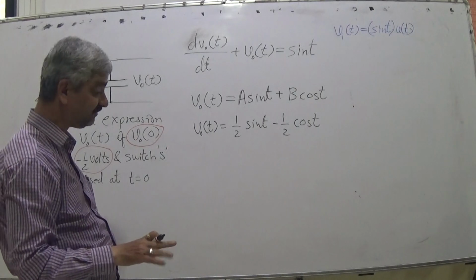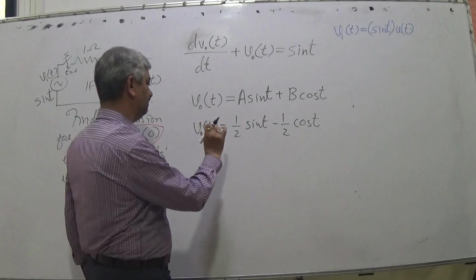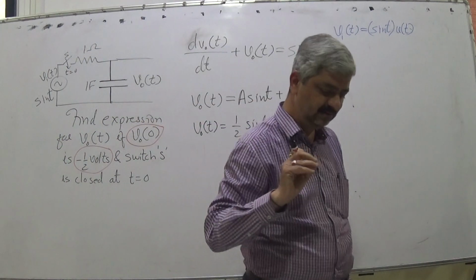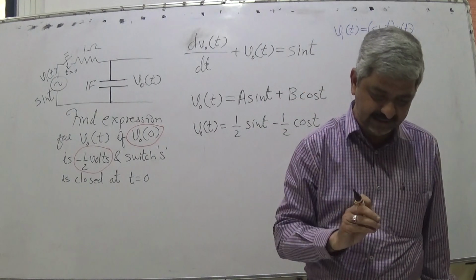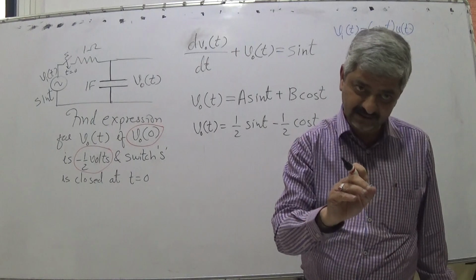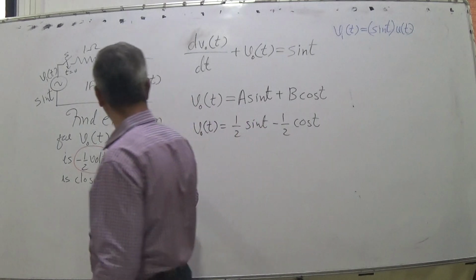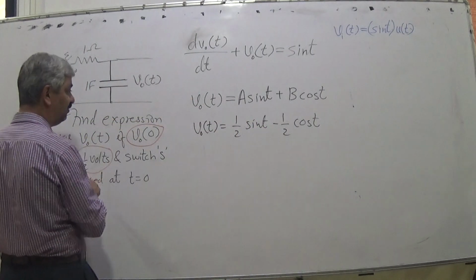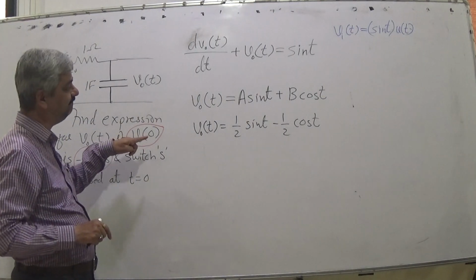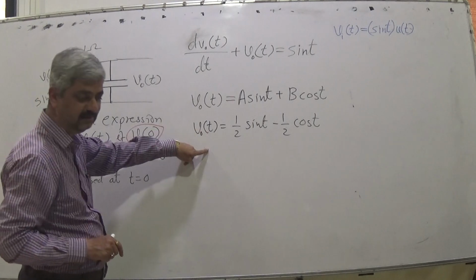But last time, what was the problem? A differential equation is not complete unless we specify the initial state. So last time when VO(0) was 0, this solution did not yield a proper result.